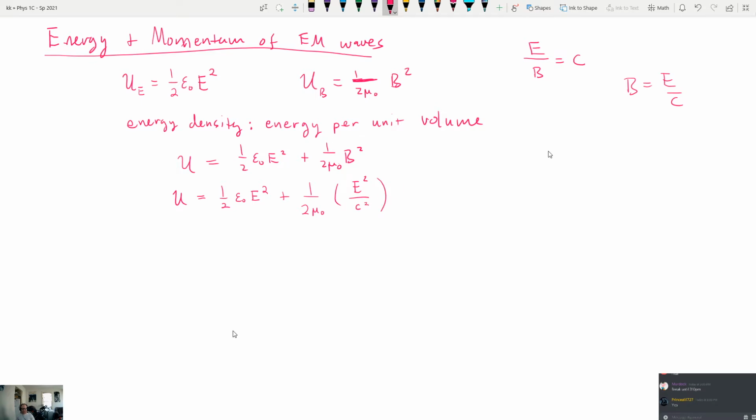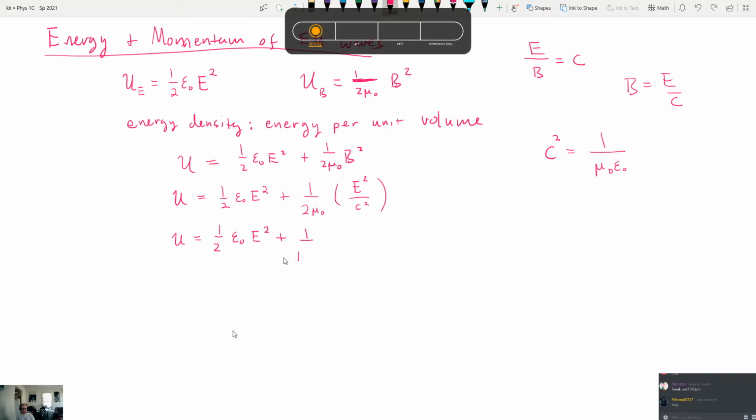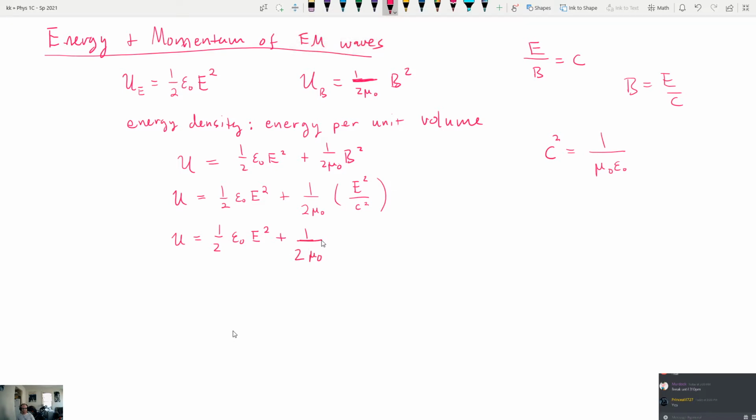The next thing we can do is to use the relationship that c is equal to 1 over the square root of mu naught epsilon naught, or that c squared is 1 over mu naught epsilon naught. So we have c squared showing up here in the denominator, so if we replace that, the c squared is down here, right?